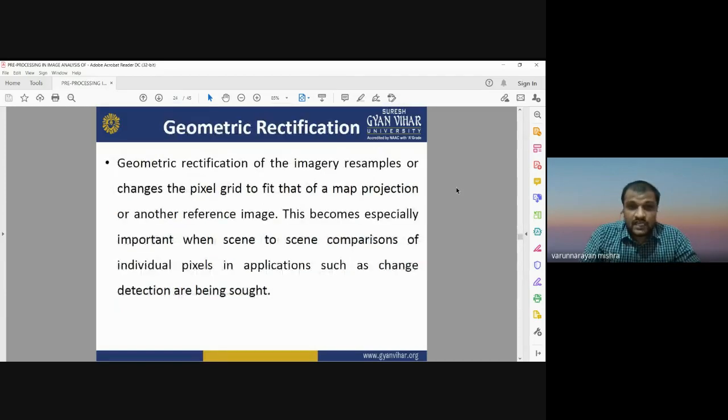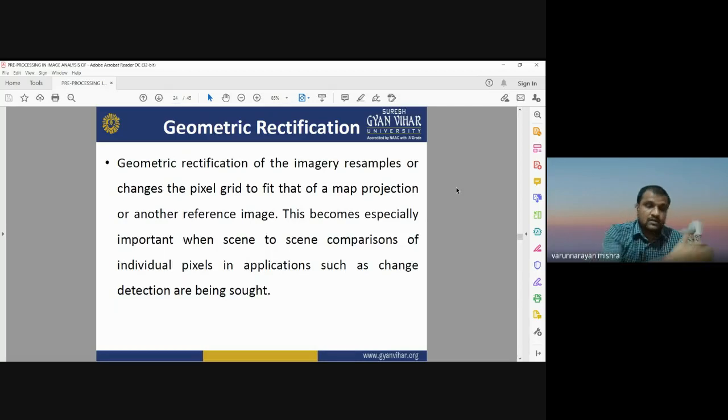Geometric rectification of the satellite images involves changing the pixel grid to fit the map projection. This becomes especially important when scene-to-scene comparison of individual pixels is required. Okay, in some cases, like I have already discussed, for change detection analysis, we are going to compare multi-temporal images.